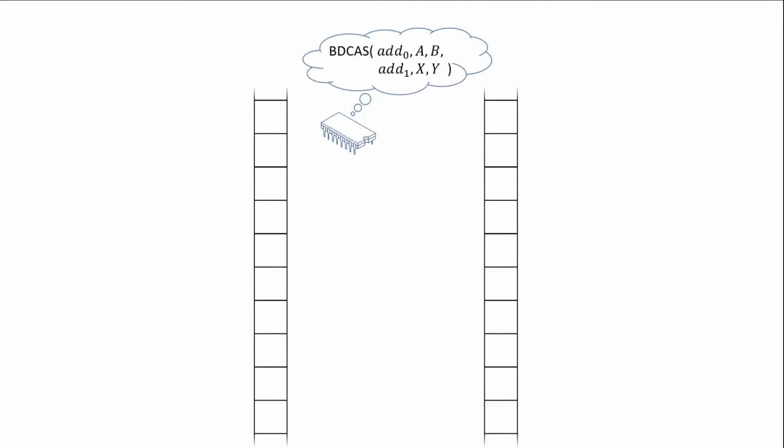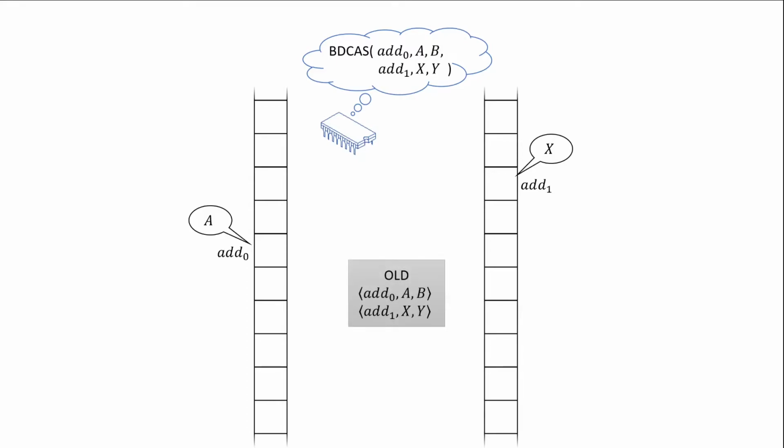Now suppose that we want to execute a BDCAS operation which aims to change an array entry on the left side from A to B and one on the right side from X to Y. Imagine also that the interpreted values at these addresses match. First, we create a new descriptor, with status old, and the same argument triples as in the BDCAS call.